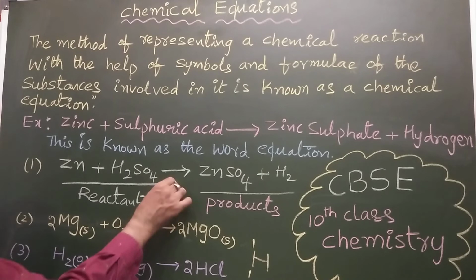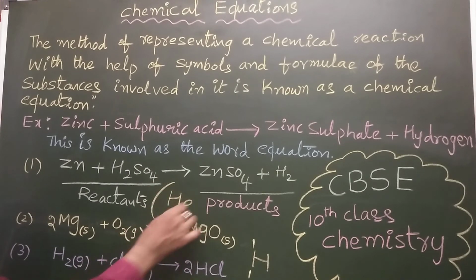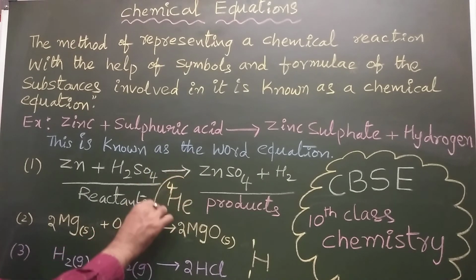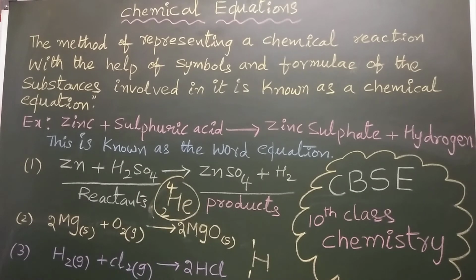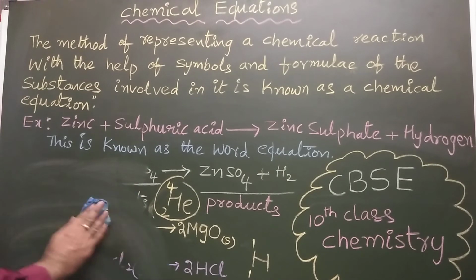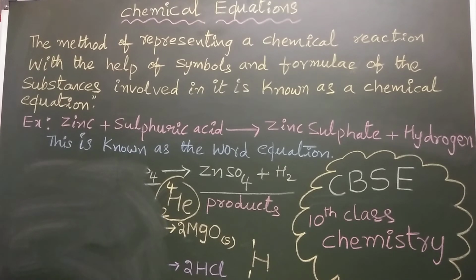Next, helium, its atomic number is 2 and mass number is 4. You can see so many chemical equations and formulas. Are you understood? Before we discuss chemical equations and chemical reactions, here you can see lithium, symbol Li, its atomic number 3 and mass number 7. That is mainly important to understand.